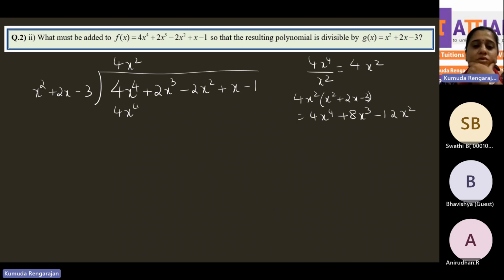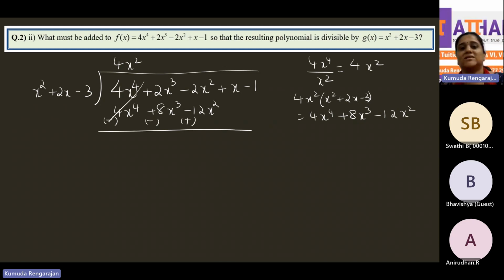So 4x to the power 4 plus 8x cubed minus 12x squared. You must write that here. And then change the signs. Change the signs. Minus, plus. Cancels. Then minus 6x cubed plus 10x squared. Okay, then bring the remaining terms. Plus x minus 1.